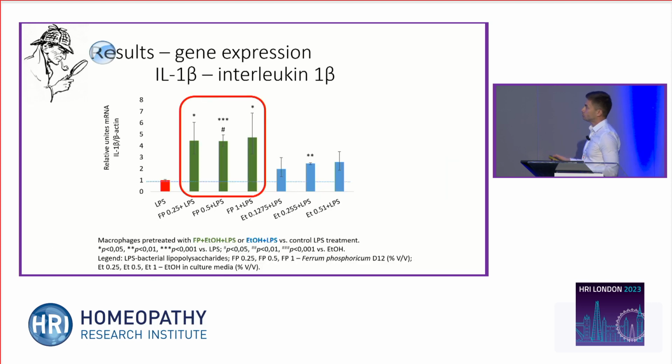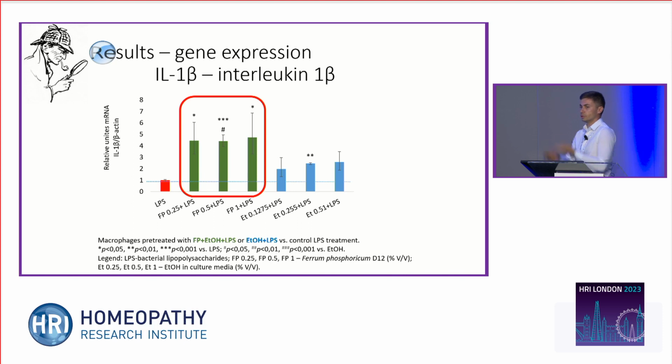When you treat macrophages with ferrum phosphoricum, they induce even more, they intensify the effect of bacterial lipopolysaccharide on macrophages. Compared to treatment with ethanol control groups, you have a statistically significantly higher effect for the gene expression of interleukin-1 beta. Actually, that's the best marker, and we might say that's enough.